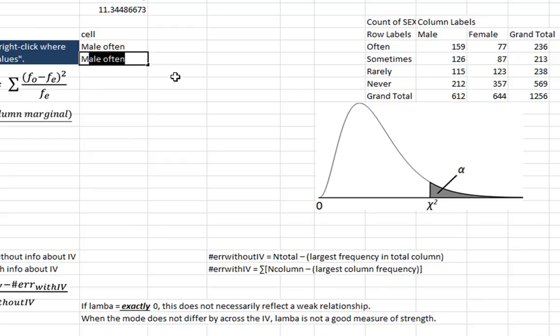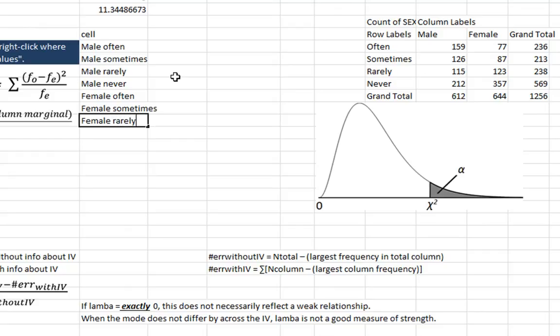We have males who were spanked sometimes, male rarely, male never. And then we have female often, female sometimes, female rarely, female never.